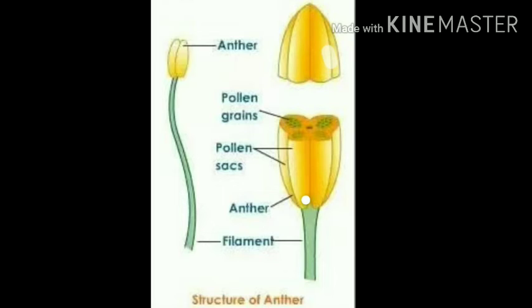So basically, stamens may be united or free. If they are free, we can say it is polyandrous. If they are united, stamens may be united into 2 bunches. One is monodelphous, and another is didelphous. If there are more than 2 bundles, we can say it is polydelphous.